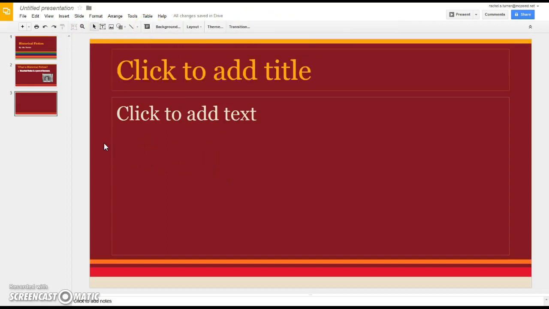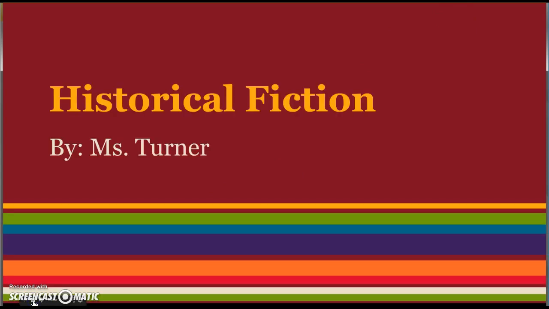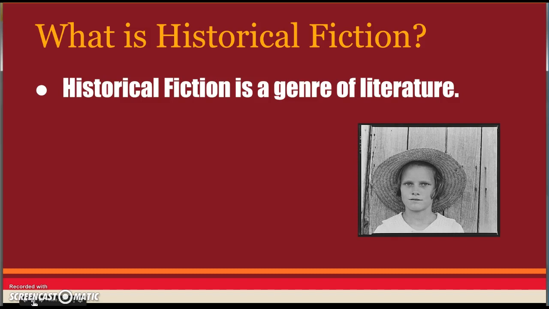When I'm done with my presentation, I can go ahead and click Present, and now it's been saved. It automatically saves, and it'll go right through your slides for you. It'll walk you right on through. And that is the basics of how to get started with Google Slides. Thank you.